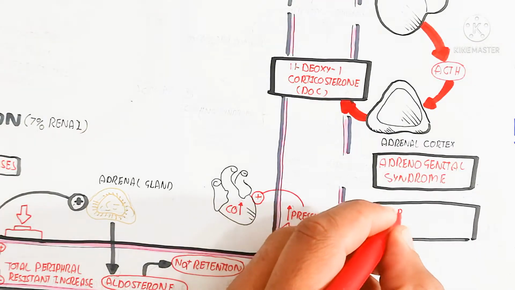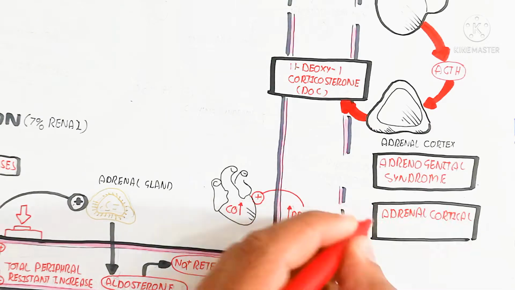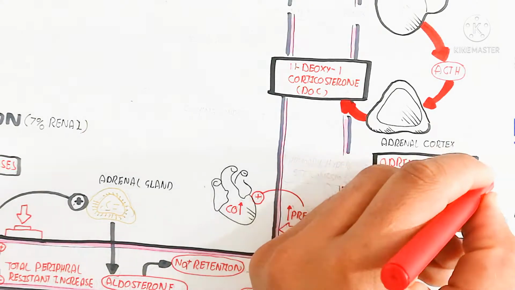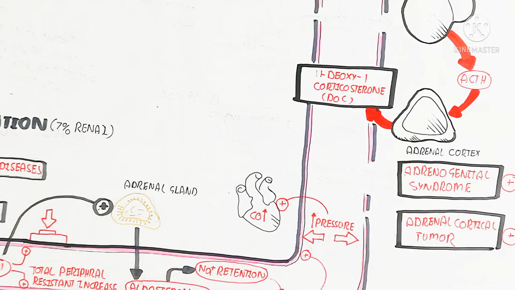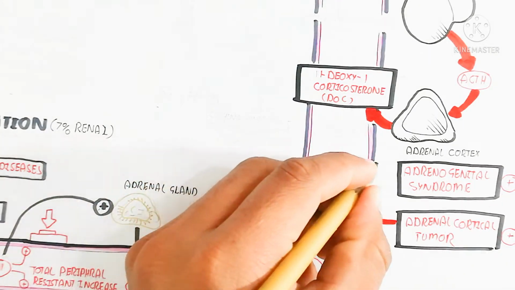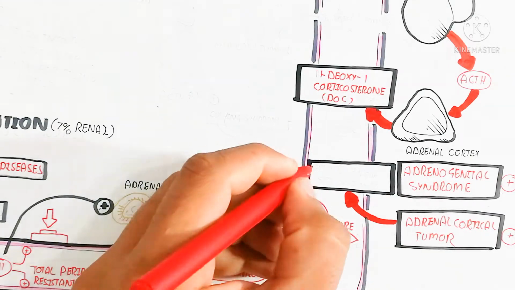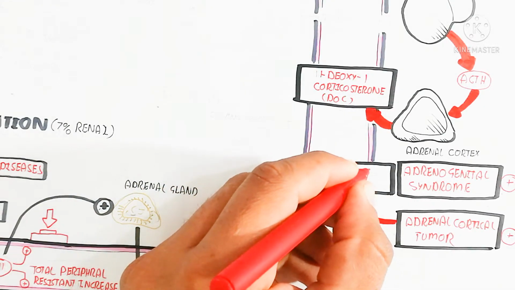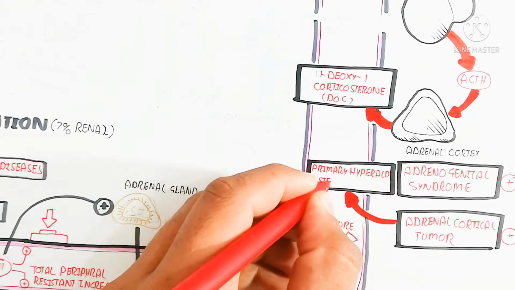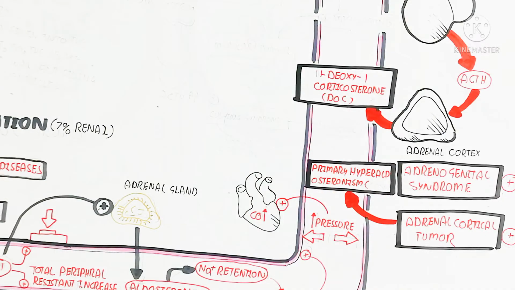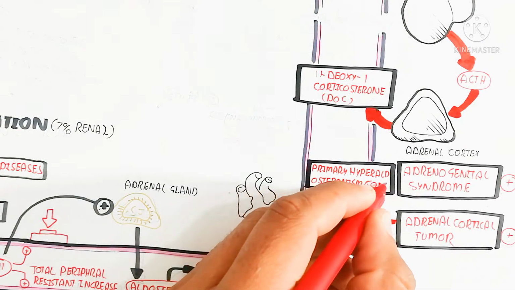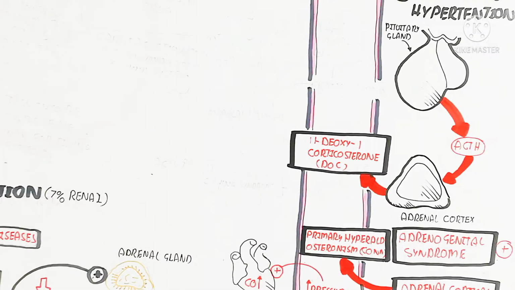Primary hyperaldosteronism will occur, and in this way adrenogenital syndrome can occur and produce primary hyperaldosteronism. In this way the adrenal gland will produce more aldosterone, and more things.